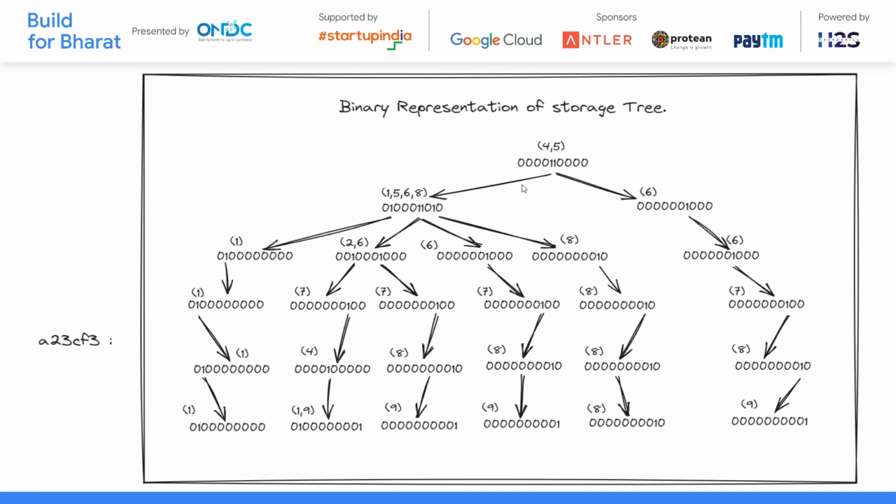Now, if I want to travel this path, I have to go through 4. Then I check the presence of the fifth. If I want to check whether 4, 5, 2, 7, 8, 9 is a pin code available for some seller like A23CF3, I will check: is the fourth index of the first binary string 1?